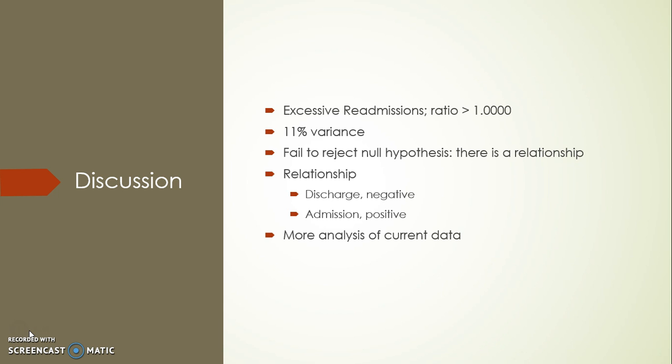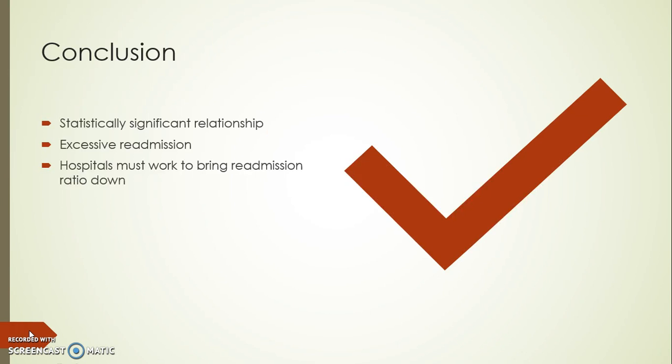Further work should look at more recent HRRP data to determine if the excess readmission ratio is still greater than 1.000. Conclusion. This analysis found that there is a statistically significant relationship between the excess readmission ratio and the average number of discharge and readmission.